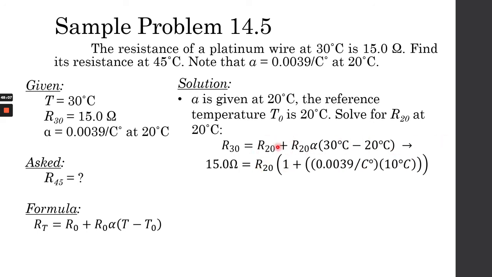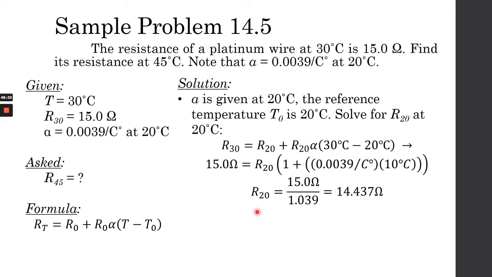So we just have to pull out R20. Basic algebra. And then what we have to do is divide both sides by 1 plus 0.0039 per Celsius degree times 10 degrees Celsius. So we get that the resistance at 20 degrees Celsius is 14.437 ohms.